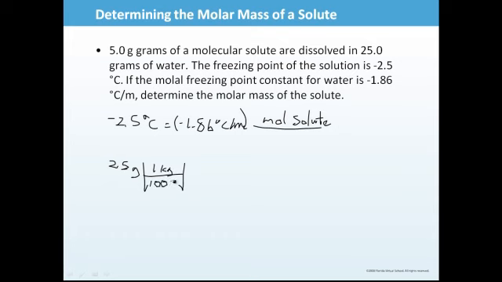There are 1,000 grams in 1 kilogram. So when you do that, we would end up with 0.025 kilograms of solvent.